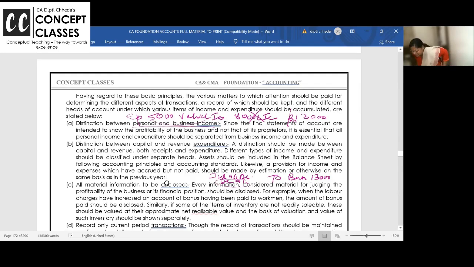Just by mistake, if I put insurance account debit to bank 13,000, still my trial balance will tally. Error of principle. Vehicle account should be debited. Instead of that, I debited insurance.